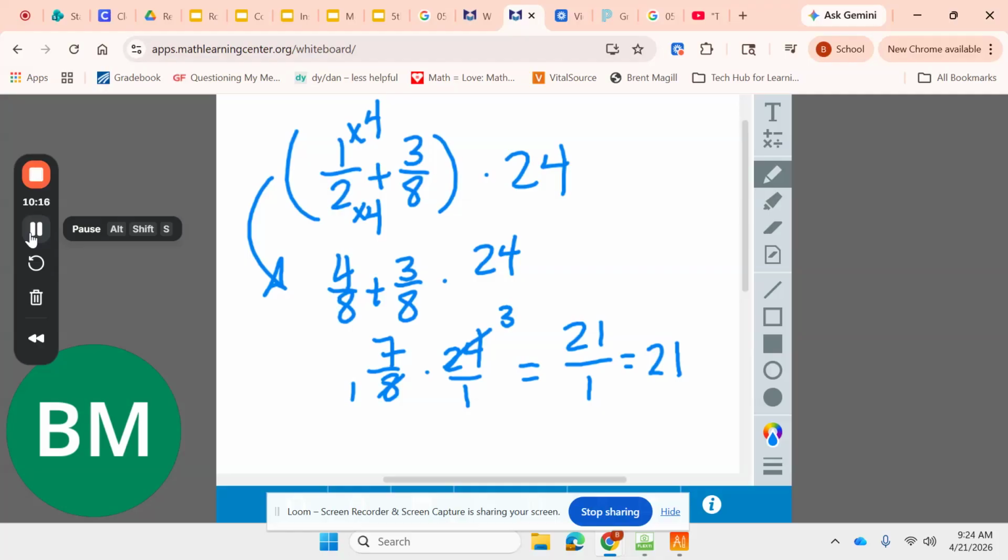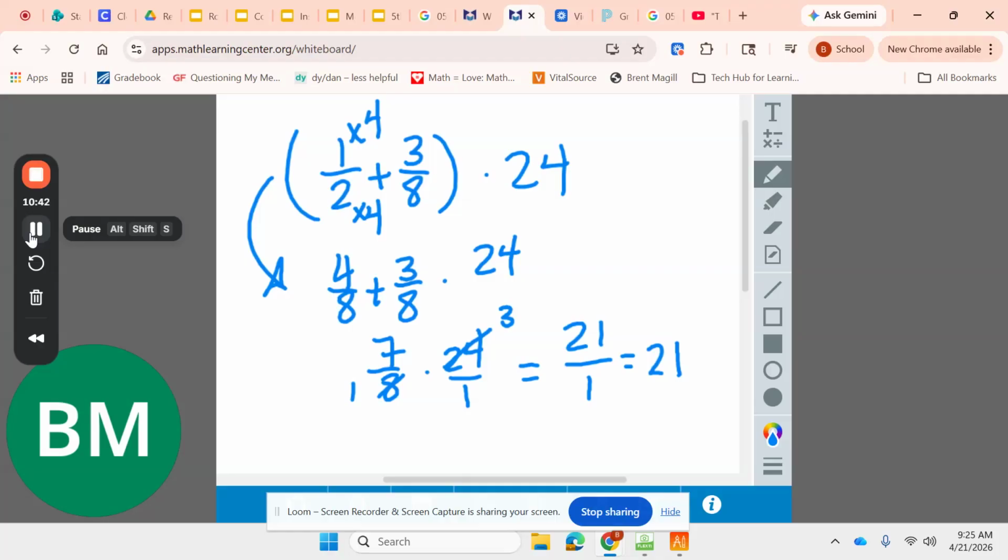And in this case, I found that I could divide the bottom of 7/8 by 8 to get 1. And I could divide 24, which is basically 24 over 1 as a fraction, because 24 divided by 1 is 24. So 24 over 1, we can write that as a fraction, and we divide it by 8, and we get 3.